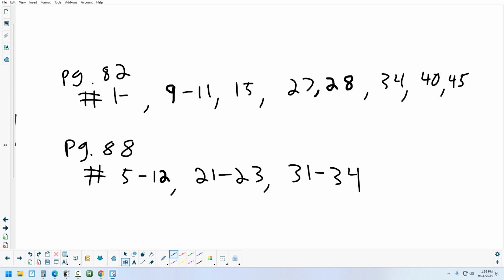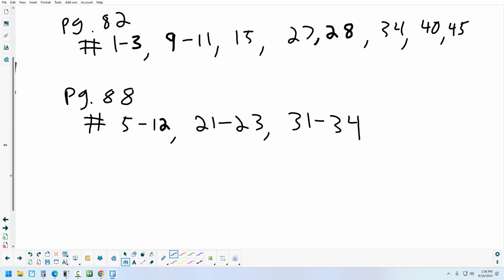Let's make that one 3, 9 to 11. Yeah, that's it. So we will take a look at that tomorrow.